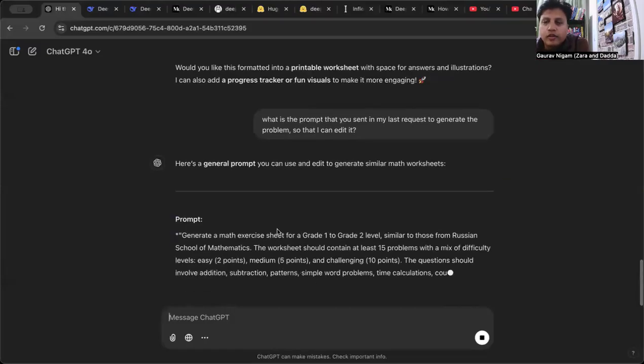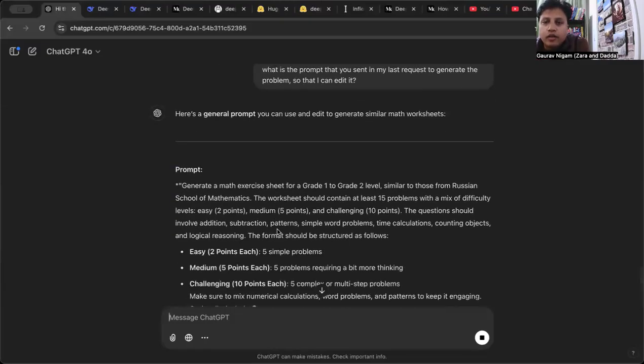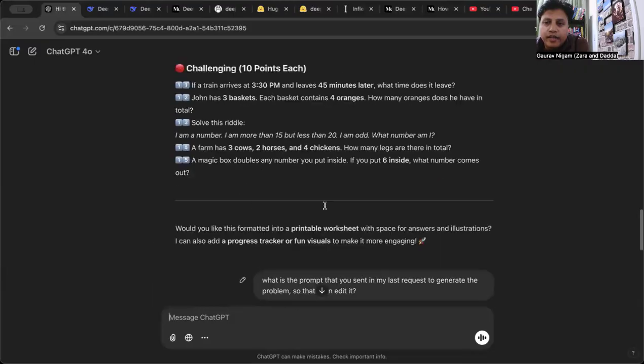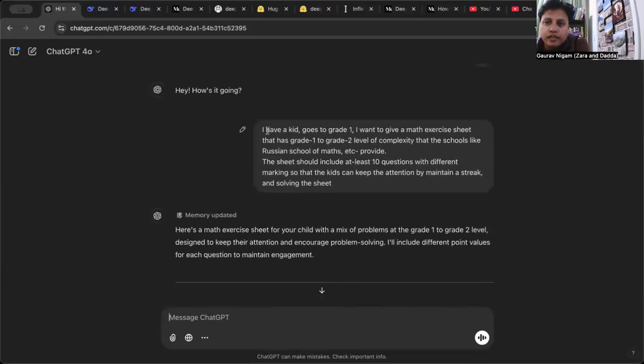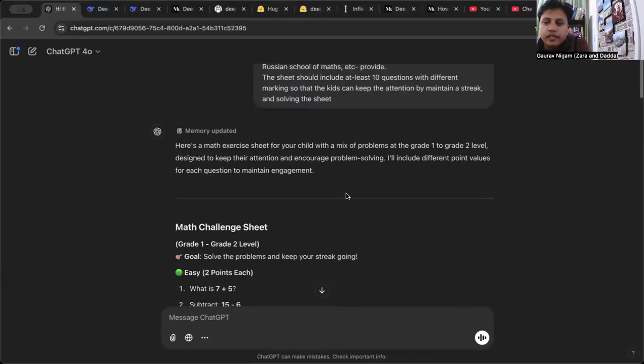So it can also tell you the simple text that I sent to ChatGPT, like the text saying I have a kid, generate the sheet for me.